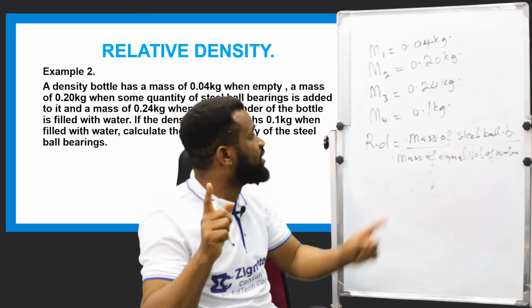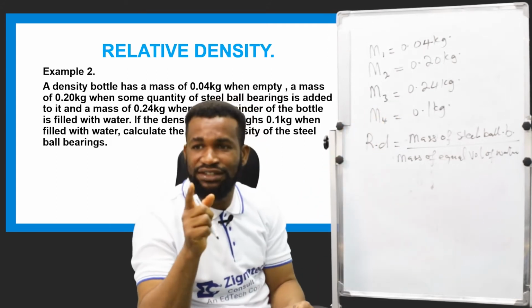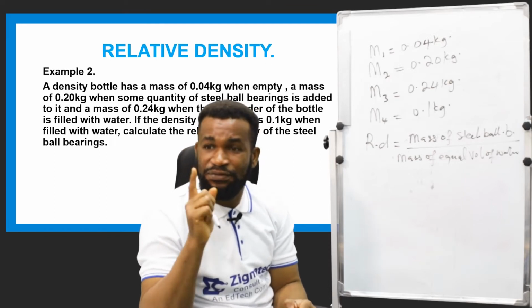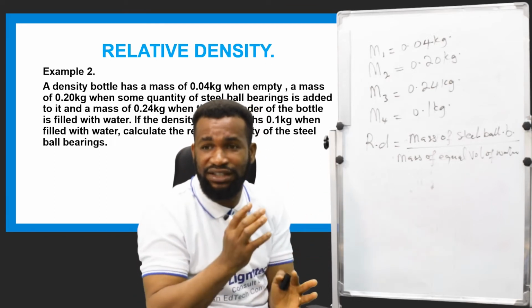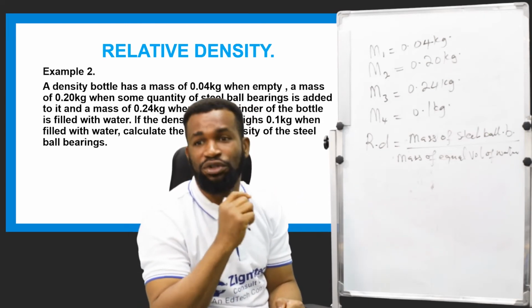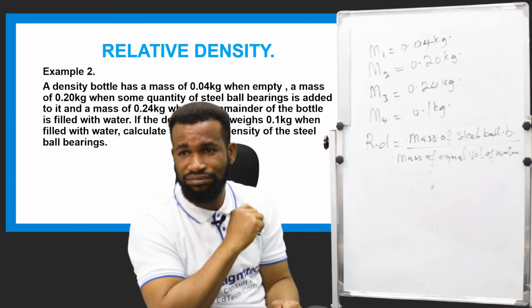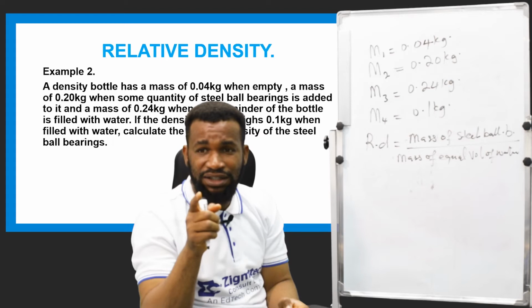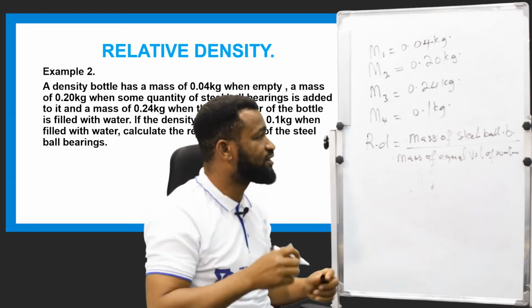Then one more thing, which is M3. M3 is when the rest of the container is filled with water, which is 0.24. And we are not looking for the quantity of that water. We are looking for the mass of the ball bearing.